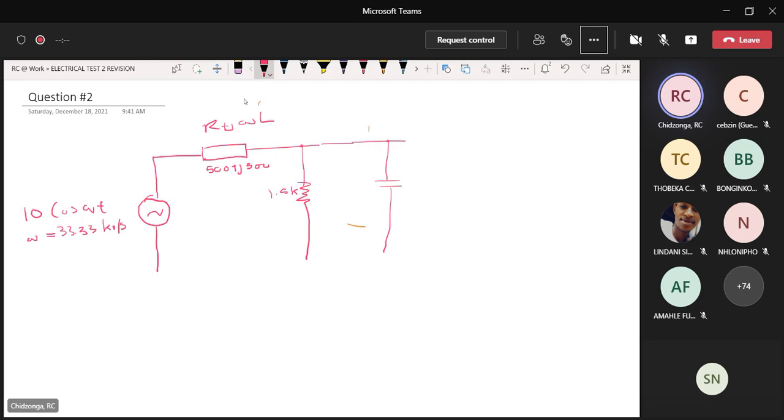You see, when I'm doing this now, I don't really mind showing the work to calculate the capacitive reactance. But I can just write this is omega C is equal to 33.33 K times 1,000 because it's kilo, and then times 20 times 10 to the power nano, which is 9 negative. So this gives me, you can calculate that on your side.